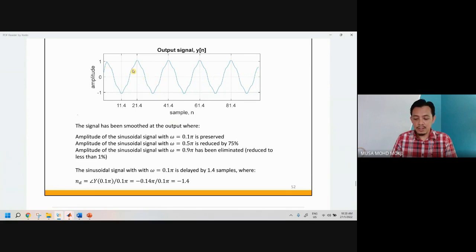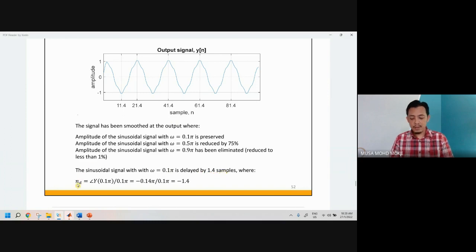And those maybe some jagged things are coming from the 0.5 pi. You cannot see the 0.9 pi anymore, because it's already almost removed. And if we look at the sinusoidal signal with omega equal to 0.1 pi, this is delayed by 1.4 samples.